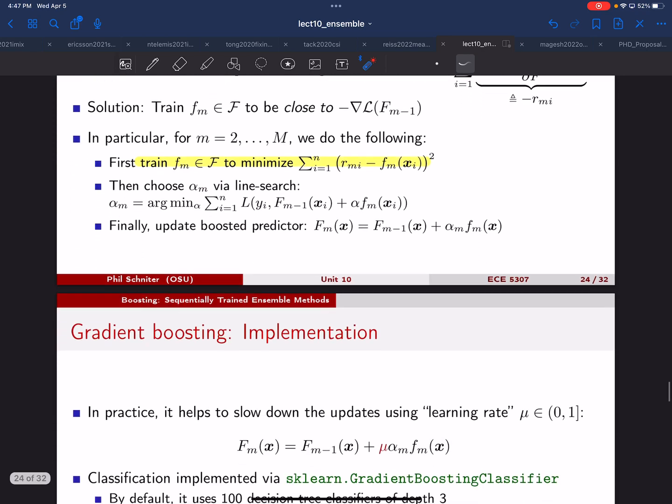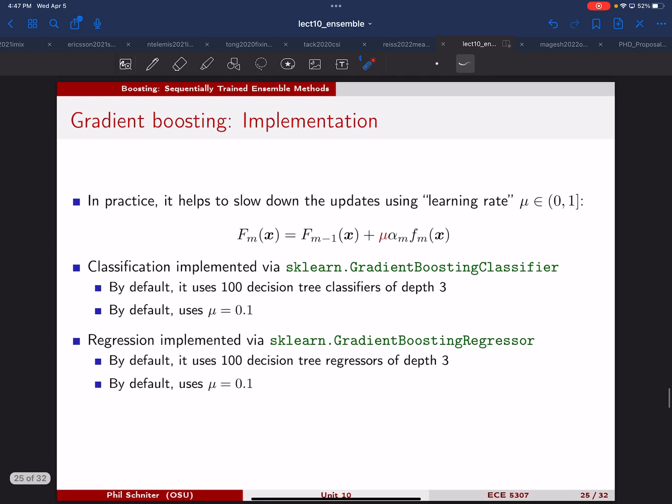Okay, so one thing that people find in practice that makes this less prone to overfitting is that even though we went through all this work to compute the optimal step size that minimizes the training loss, they actually make it smaller. They put in this mu, which is something between 0 and 1, to say, let's take a smaller step.